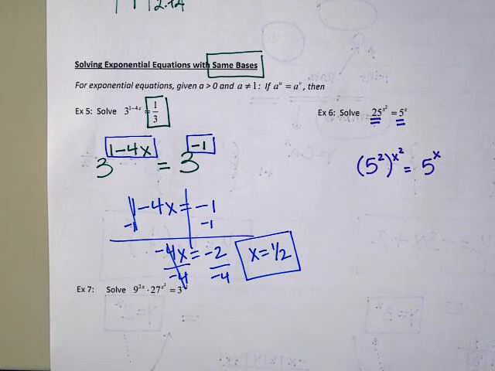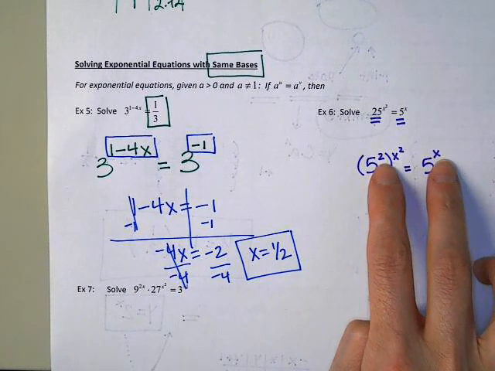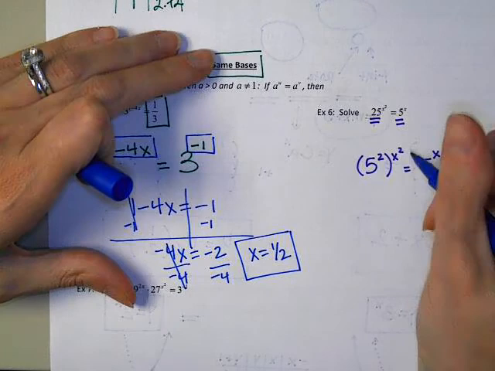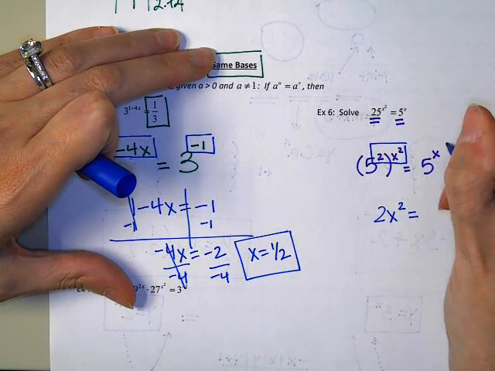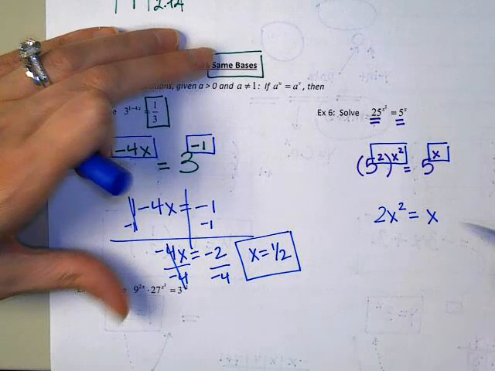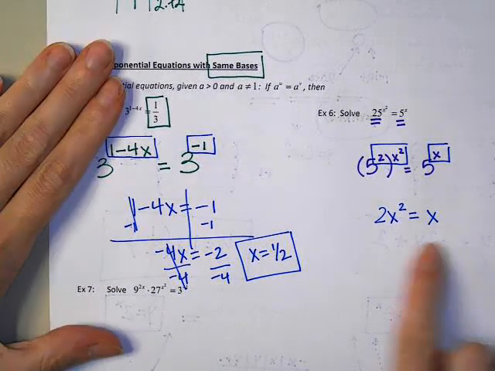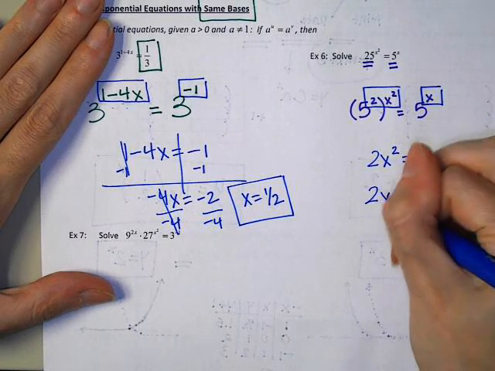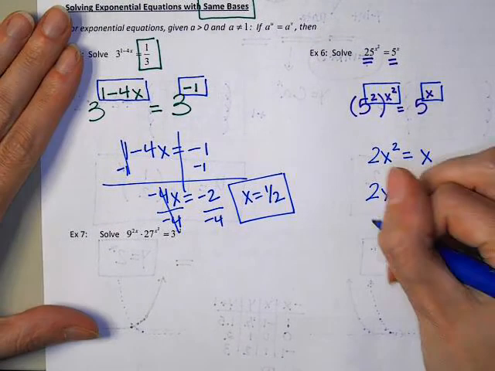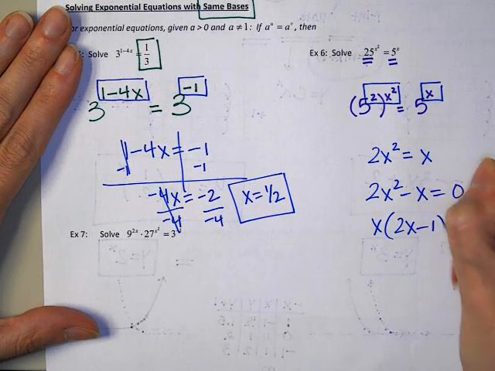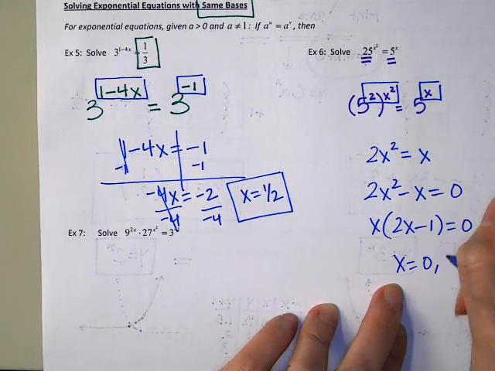And then, if they're both base 5, we can just set the exponents equal to each other. So this just becomes, we're just going to multiply, 2x squared equals x. And then all you have to do is solve. So if we subtract the x over, we get 2x squared minus x equals 0. Factor out an x, you get x times 2x minus 1. And therefore our solutions are 0 and 1/2.